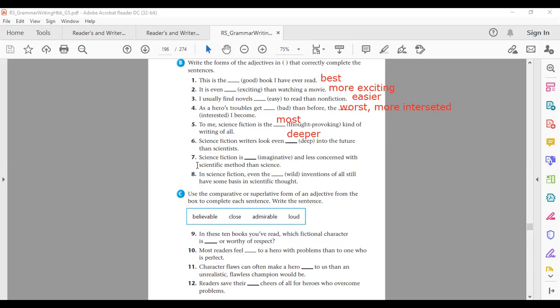Number 7, Tina: science fiction is more imaginative and less concerned with the scientific method than science.